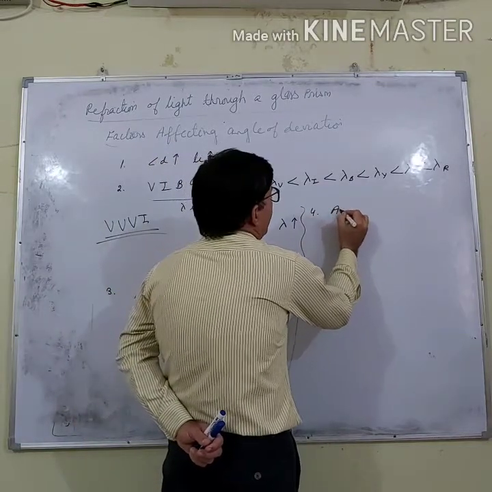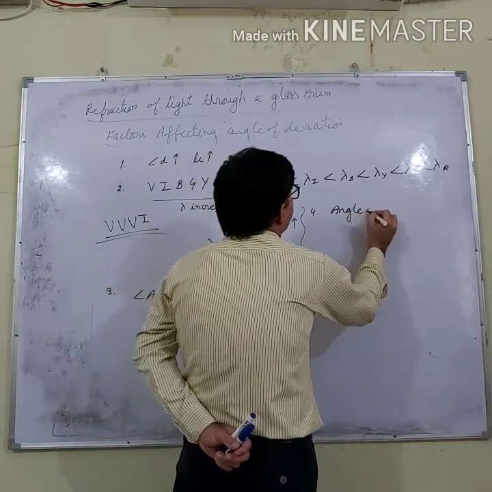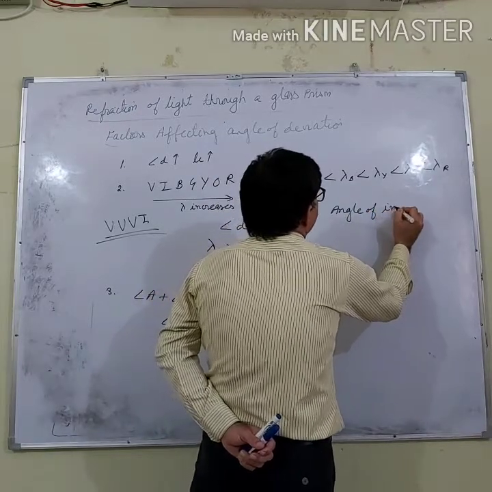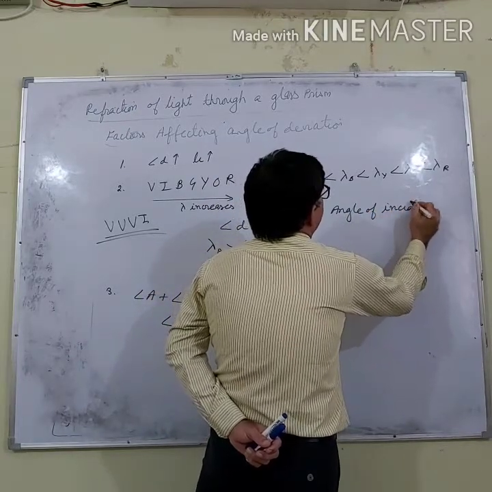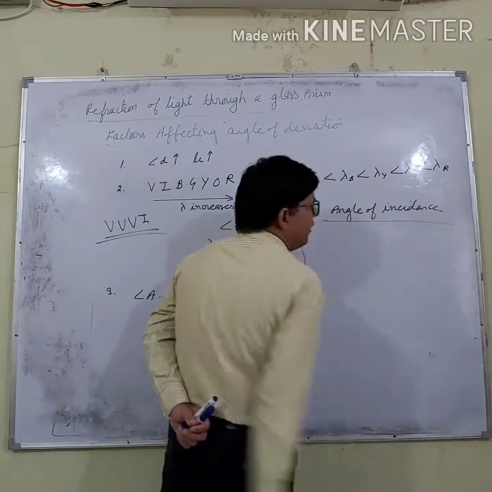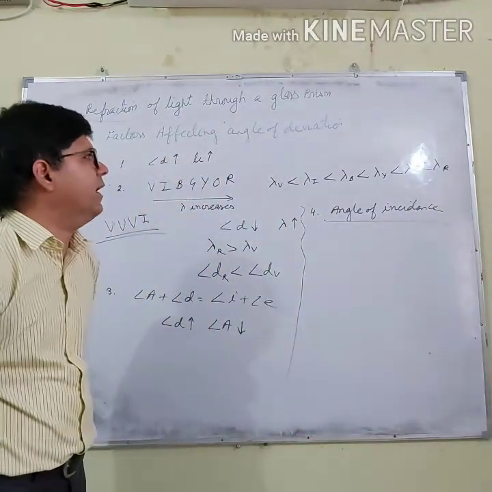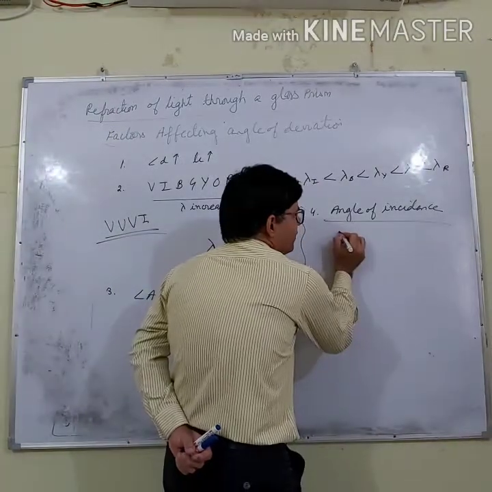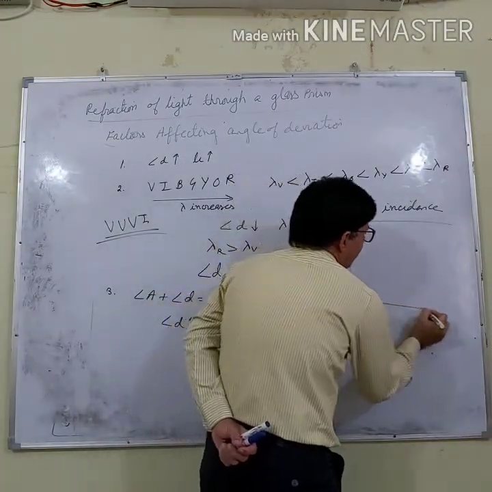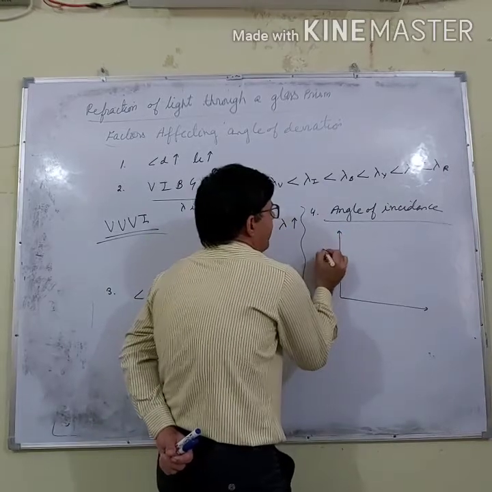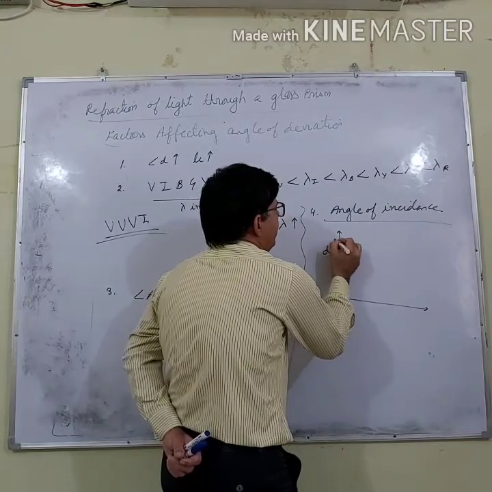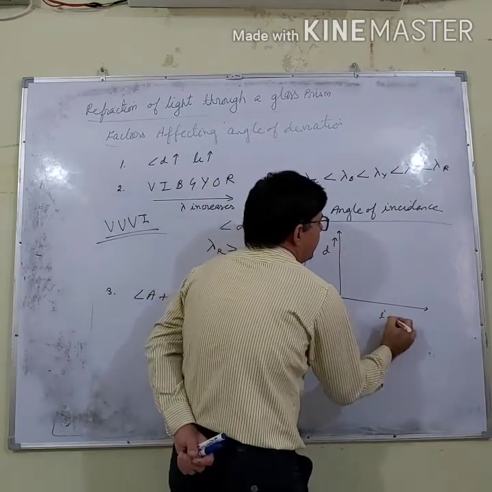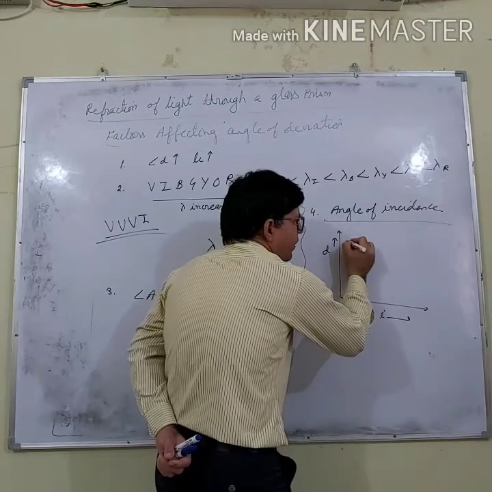is angle of incidence. How does deviation depend on the angle of incidence? There is a very interesting relationship between the angle of incidence and the angle of deviation. Let me first draw the graph. This is the angle of deviation, and here I am plotting the angle of incidence. So what happens?